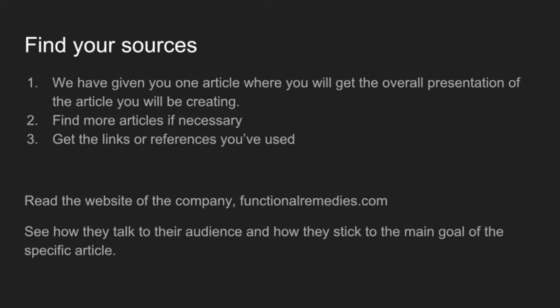And the third step is to get the links or references that you have used, because we need the references in order for us to link back to the articles that you have used.